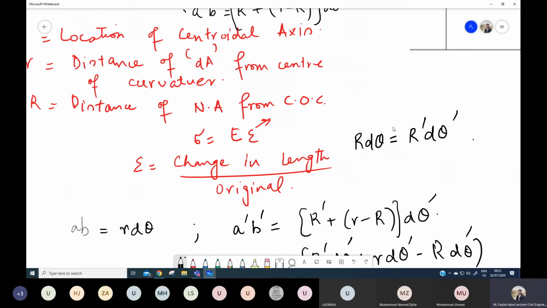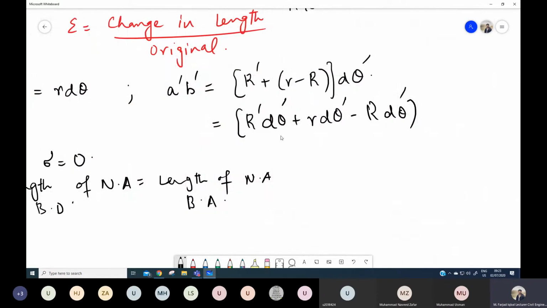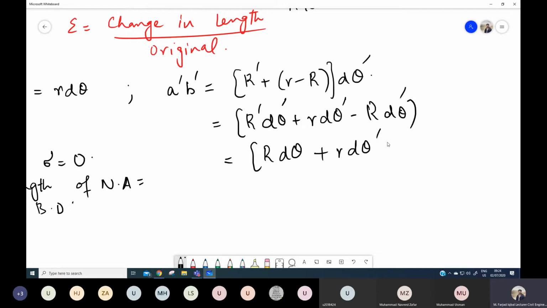If I replace this factor into this equation, I will get R dash d theta dash is equal to R d theta plus, this will remain the same, R d theta dash minus R d theta dash. So this is the final length, and this is the original length, that is small r d theta.